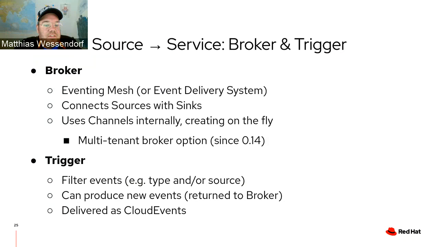So if you say, I want to have a Knative broker, it gives you an object of the broker per namespace. And behind the scenes, it is using whatever is the default setup for the channels. And the channels are those that actually manifest the transport behind the scenes. So the broker really here is just the delivery mechanism, and it is running all of the triggers to actually perform the content-based routing.